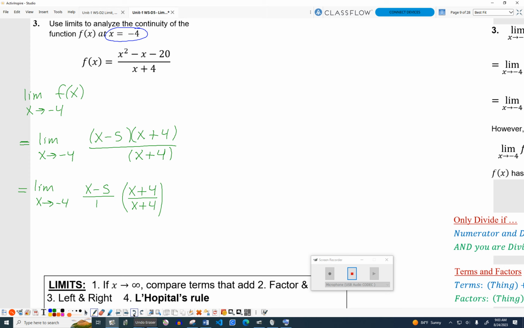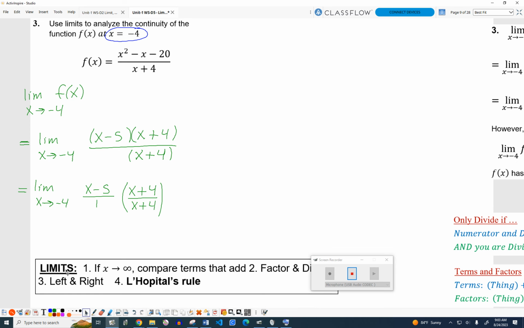Look up. The flashcard says we have to check left and right limits. So now you have to mentally think to yourself, the x that I'm going to plug in is not going to equal -4. The x that I'm plugging in is going to be very, very close to -4. It could be a little less or a little more because I'm checking left and right limits.